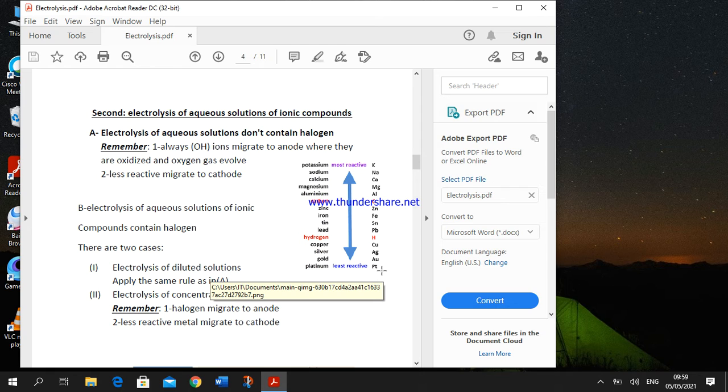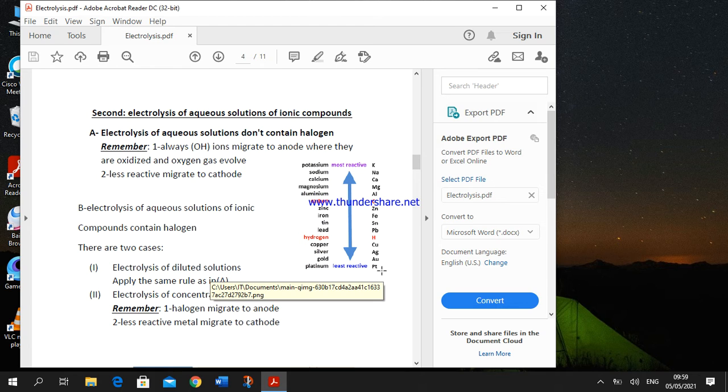we have the same problem, where the anode attracts two types of negative ions: hydroxide negative ions, and the negative ions produced from the ionic compound.